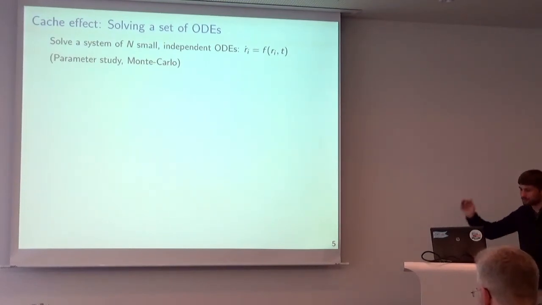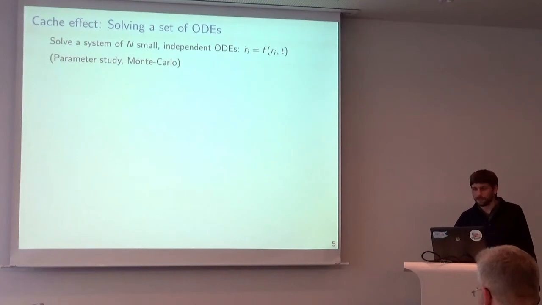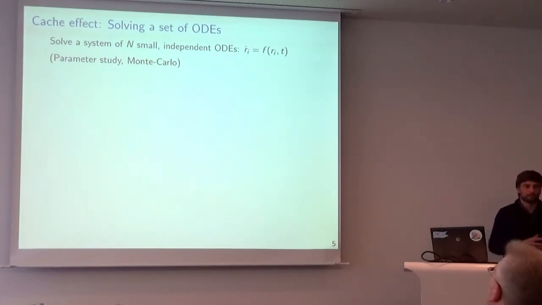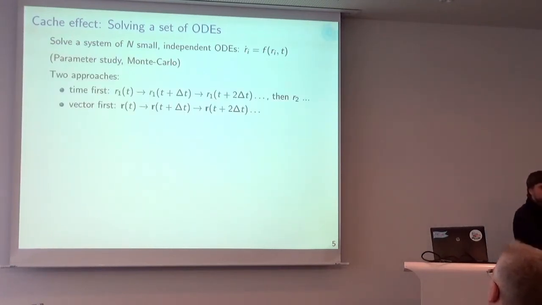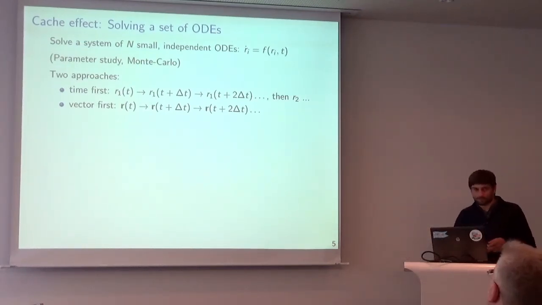So this is a problem that we actually do face, and it's easy because all of those pendulums are independent. So I can first look only at the first pendulum, iterate this until the end of time, and only then go to the second one and iterate this forward, and so on.